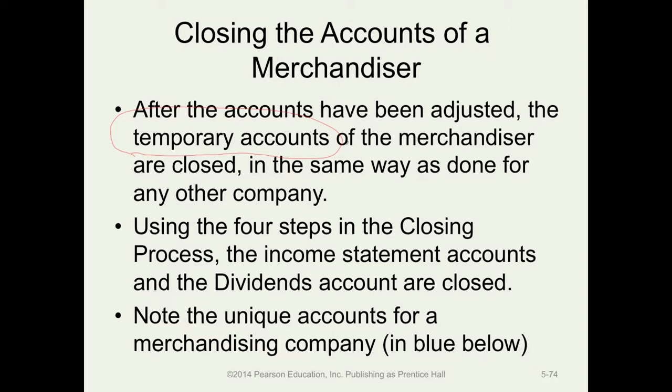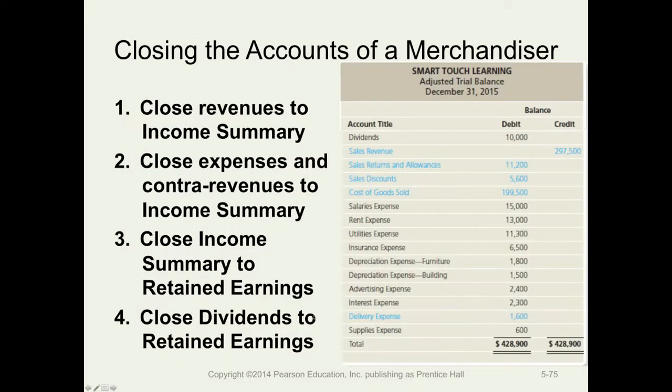So the inventory is permanent. So we have to close these temporary accounts. And the 4 steps in the closing process are exactly the same. And the unique accounts for our merchandiser are going to be the temporary accounts for inventory and sales.